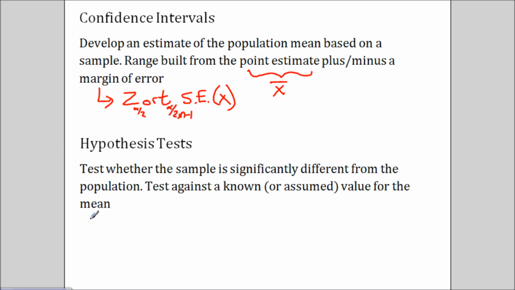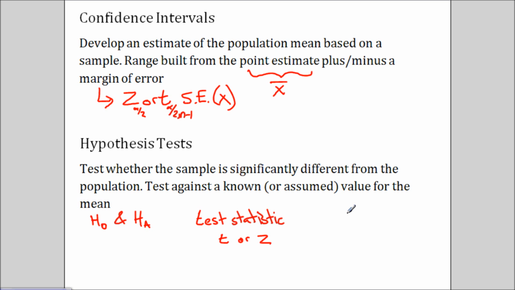These will always have a null and alternate hypothesis. The null hypothesis will always be that nothing changes. The alternate hypothesis will always be that something changed. Then we're going to develop a test statistic, which, depending on some characteristics, will be either T or Z. Then based on the alternate hypothesis, we'll develop a rejection criterion.